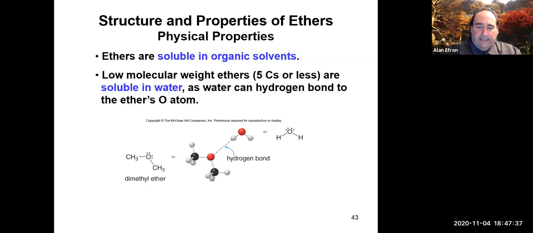But because ethers have that oxygen and are polar, they can hydrogen bond, not with themselves, but with water, through that oxygen and the hydrogen in water. Hydrogen in water is more positive, oxygen in the ether is more negative. Opposites attract, and we have a bond between a hydrogen and an oxygen, which is hydrogen bonding.